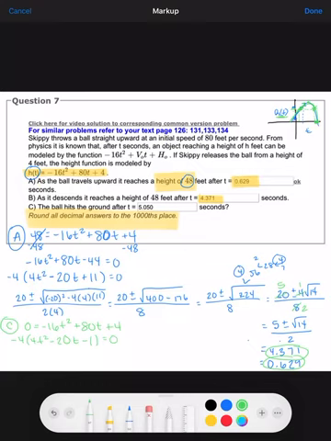All right, so I'm going to go ahead and use the quadratic formula because I don't believe this can be factored. When I solved this before, I don't think I could factor it. So I'm going to go ahead and plug this straight into the quadratic formula. So opposite b will be 20 plus or minus the square root of b squared minus 4 times a times c, all over 2a.